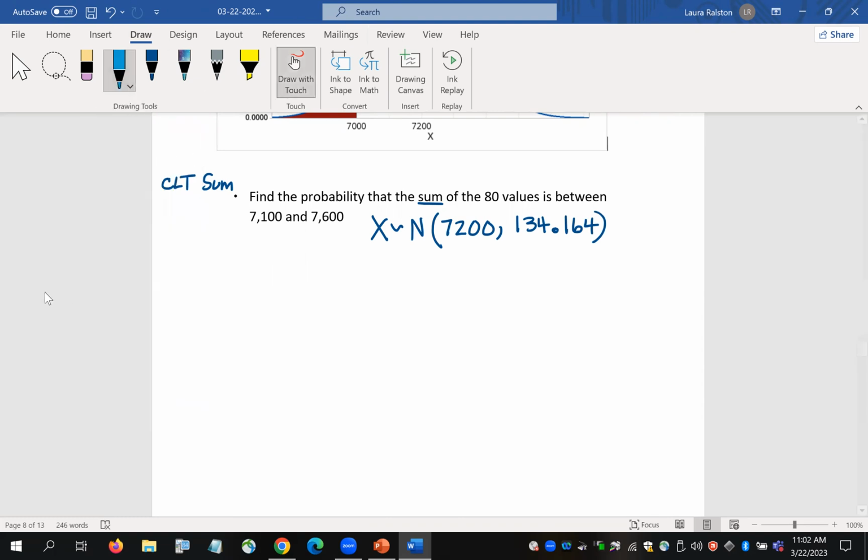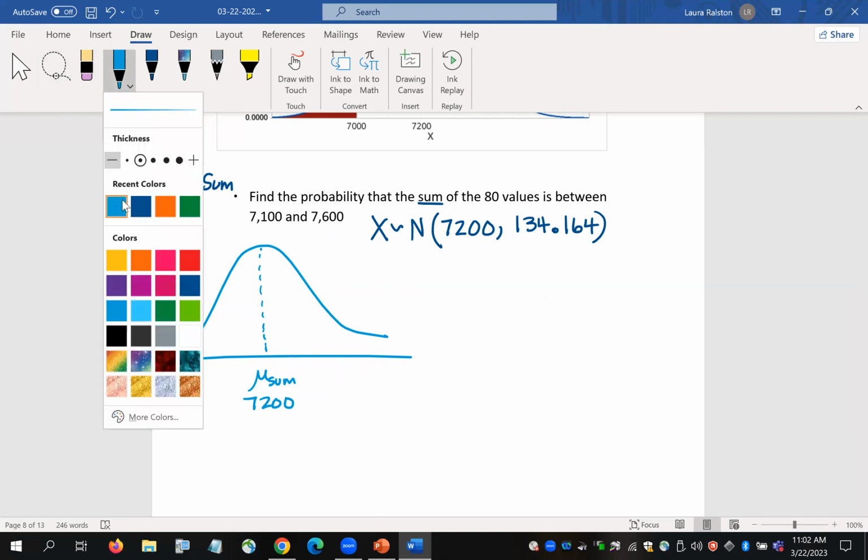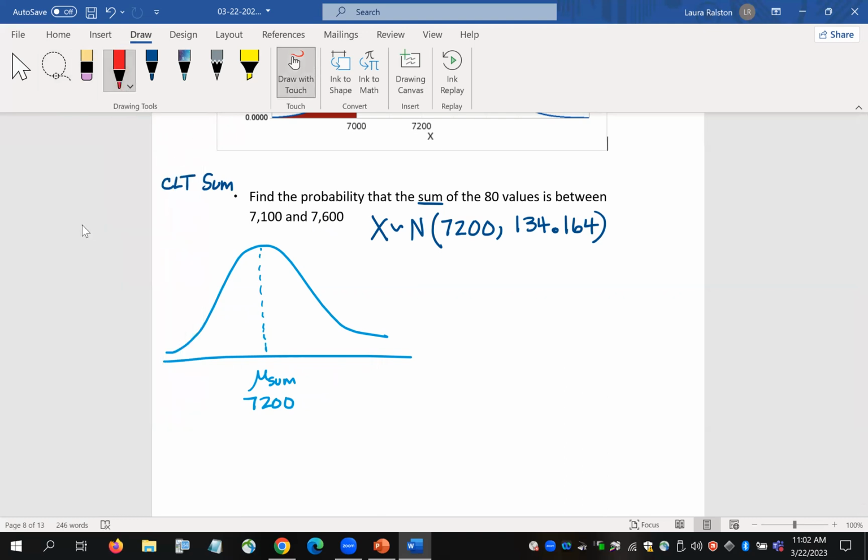So I'm going to draw the picture. I know I have a normal distribution. My mean for the sum is 7,200. We want to be between 7,100 and 7,600.